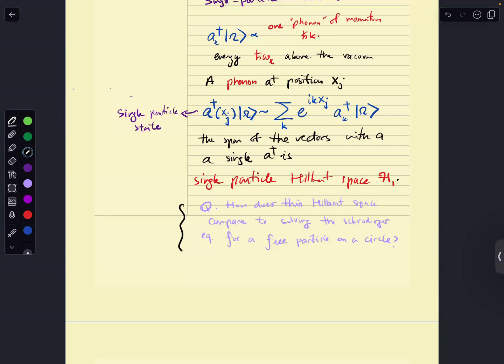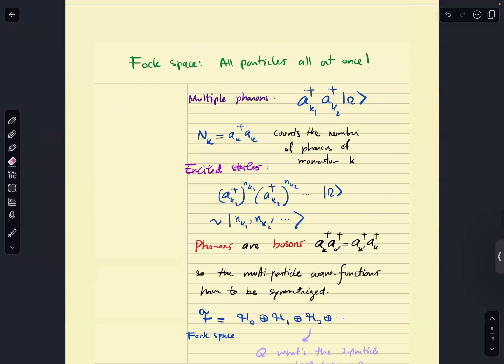We considered the one particle Hilbert space, a subspace of single particles, and you get something. I want you to compare this answer with a single quantum free particle on a circle. But this is something to do for yourself. You're going to learn some interesting stuff.